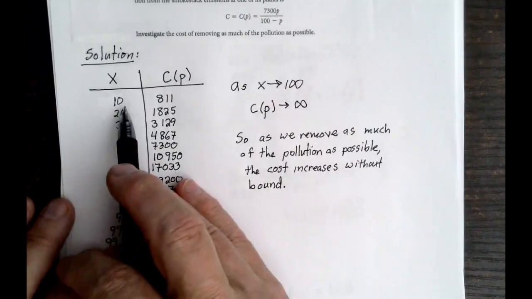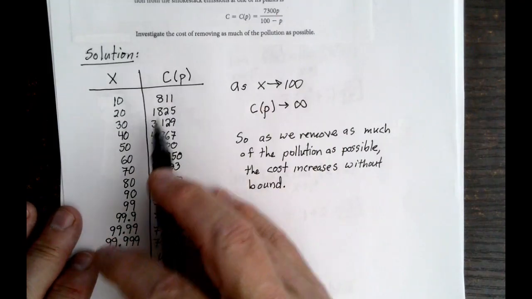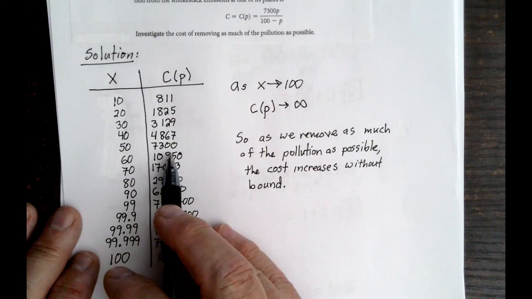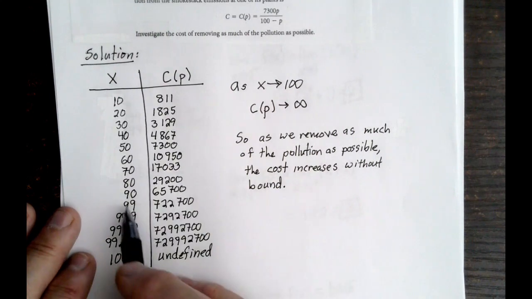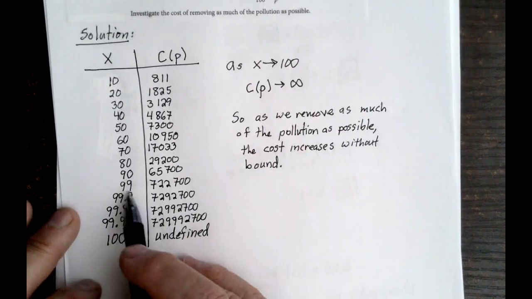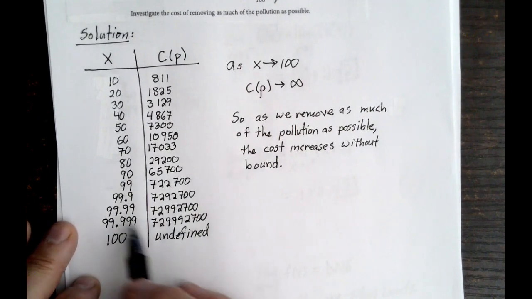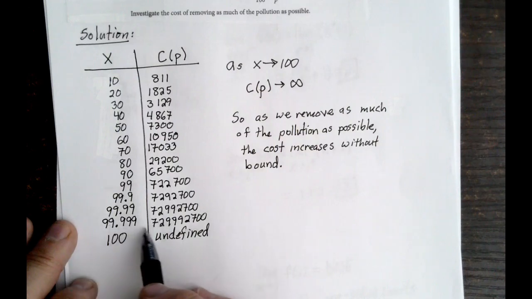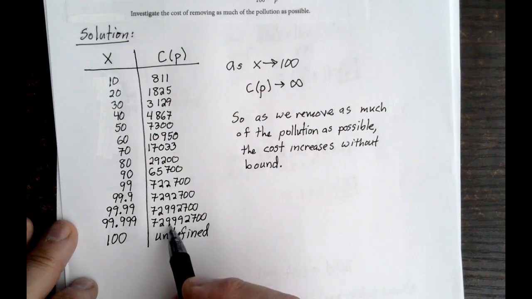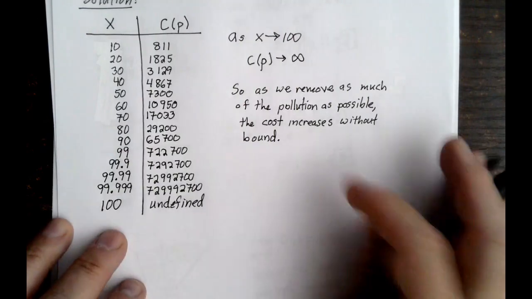So if you only remove 10% of the pollutants, it only costs you $811. 50%, it costs you 7,000 something. 90%, it costs you 65,000. 99, now you're up to 750,000. And then 99.999, you're talking about $750 million. And then if you want to remove 100% of the pollutants, it's undefined.